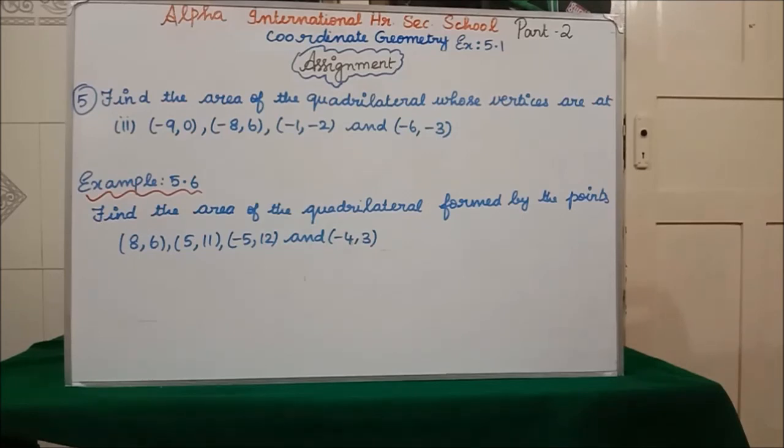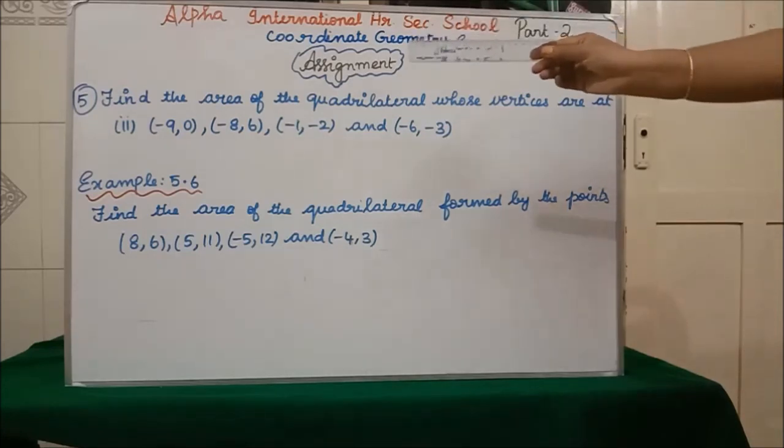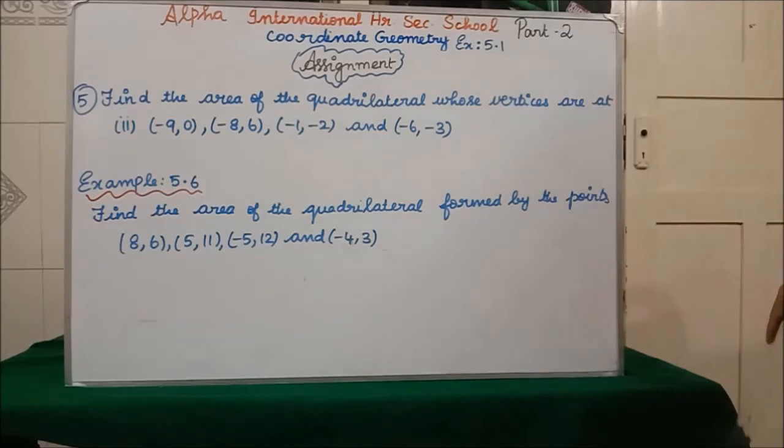I have told you, once you get the area of the quadrilateral, immediately you have to draw the fair diagram. Fair diagram is nothing but you are going to draw the graph with the given vertices. After drawing the graph, you are going to take the points in the anti-clockwise direction, starting from the first point.